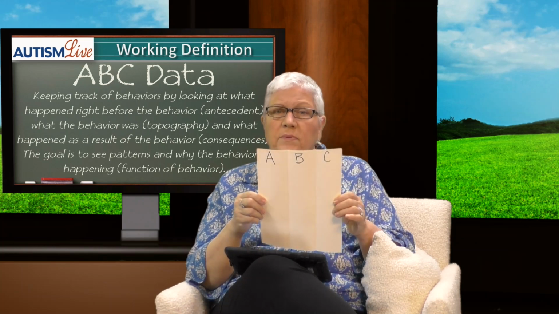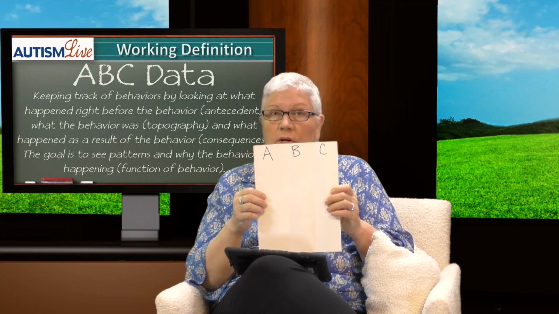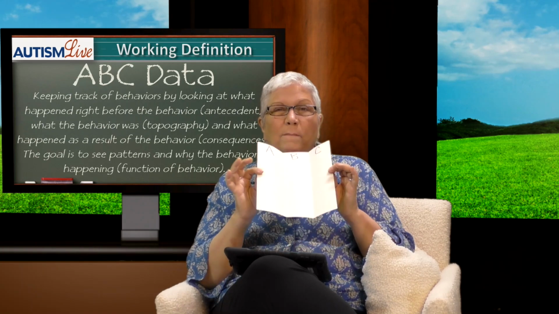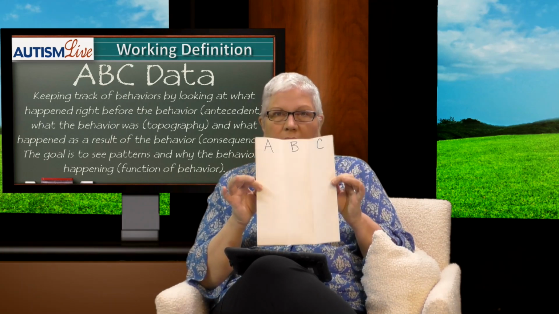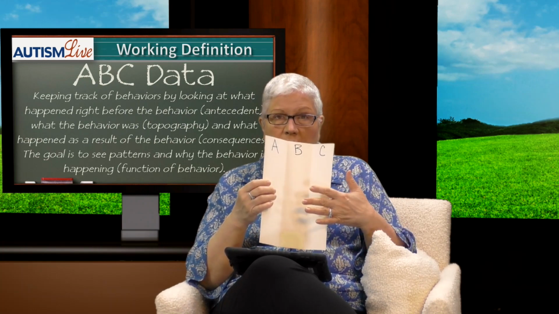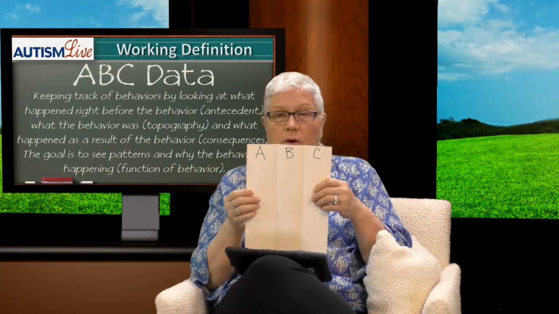They have apps. For those of you who are technologically inclined, you can do it that way. I'm sometimes very low tech, and this worked for me because I could have this in my pocket. And it reminded me, because it was in my pocket, that this was an important thing that I was doing as a parent, for my child to understand what he wanted, and to give to the experts so that they could discern patterns of what was happening.